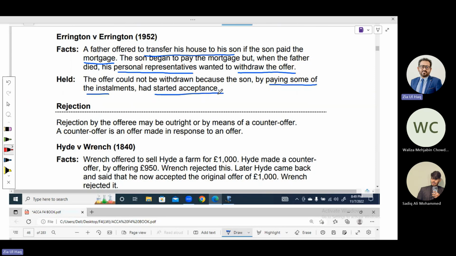But when the father died, his personal representatives, the other brothers and sisters, wanted to withdraw the offer. They said, no, that was not an offer. But the court decided that as he started paying the mortgage, he had accepted the offer. So there was a contract. The offer could not be withdrawn because the son, by paying some of the installments, had started acceptance.